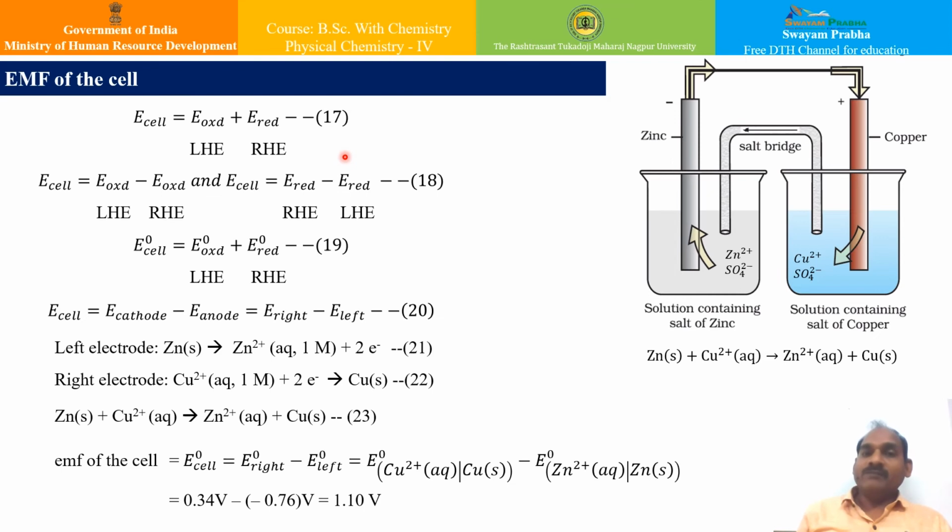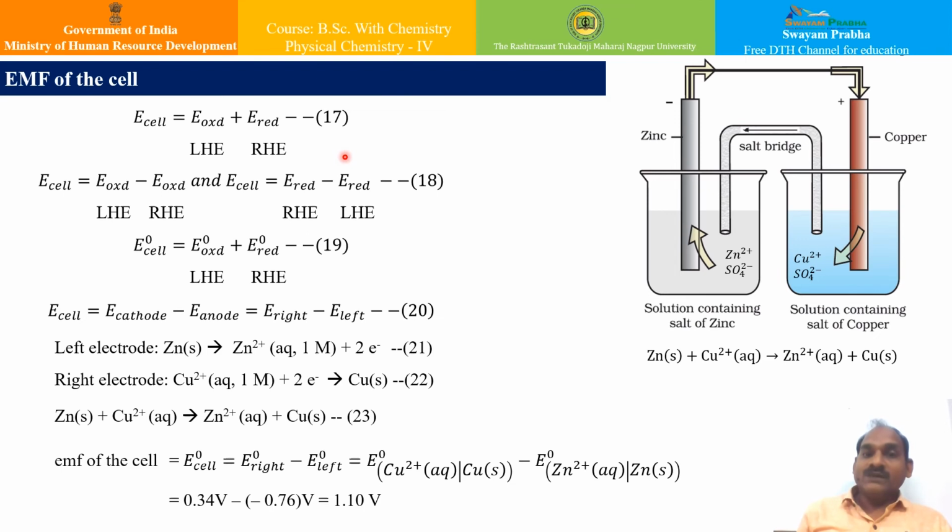So if the metal electrode is dipped in the solution of its own ions, and it has unit activity, that is, if I take a solution of say 1 molar, and the temperature is say 25 degrees centigrade or 298 K, the electrode potential is called the standard electrode potential, because the conditions are standard.